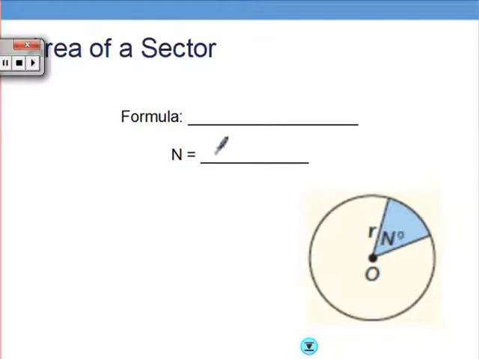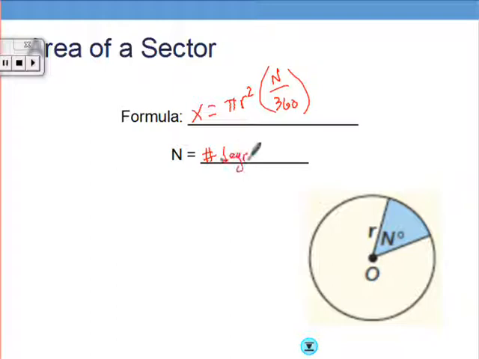So the formula ends up being, the area of the sector, we're going to call that x, is equal to the area of the circle times the angle over 360, and we're going to call the angle n, where n is the number of degrees in the angle or arc, because they're the same, because it's a central angle, all right?